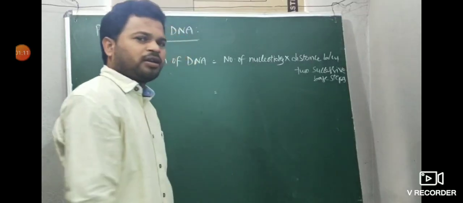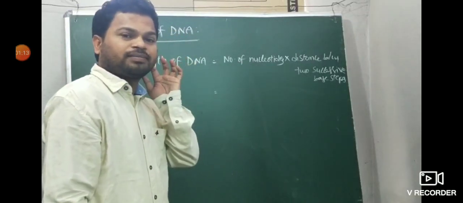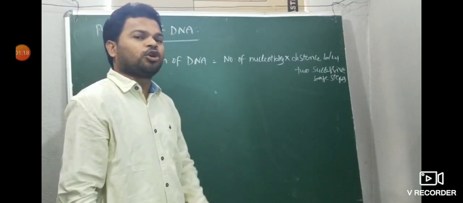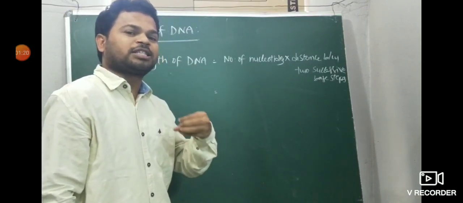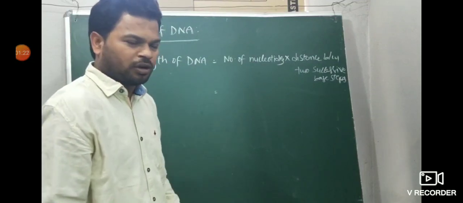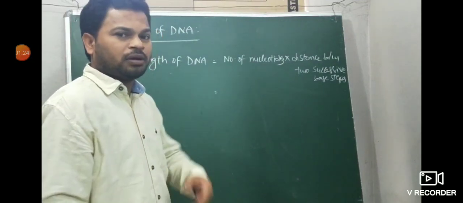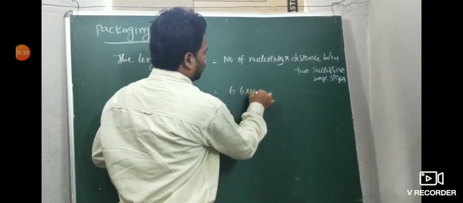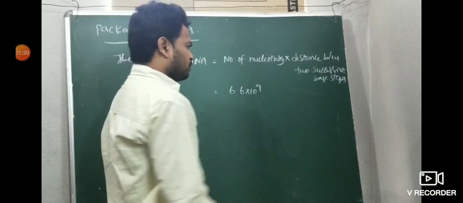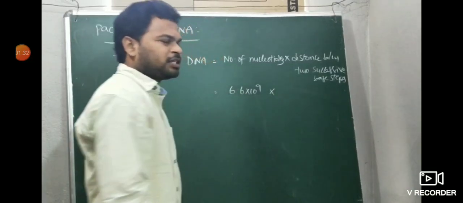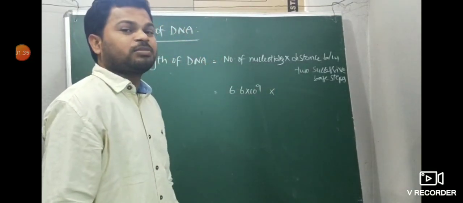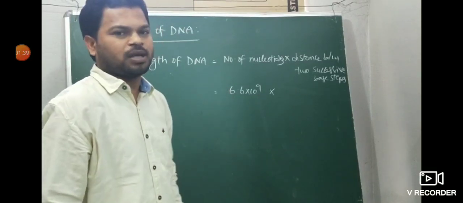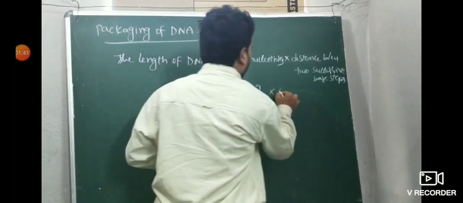How many nucleotides? In the basics we were given 3.3 x 10^9 nucleotides in the haploid content and 6.6 x 10^9 nucleotides in the diploid content. So 6.6 x 10^9 base pairs times the distance between two successive base pairs, which is 3.4 angstroms or 0.34 nanometer.